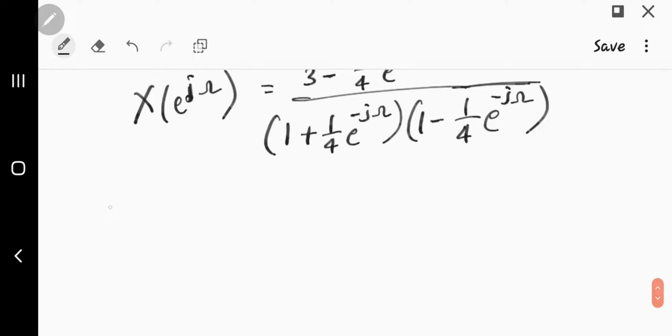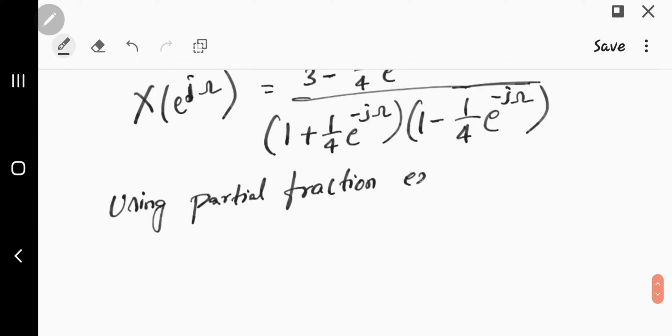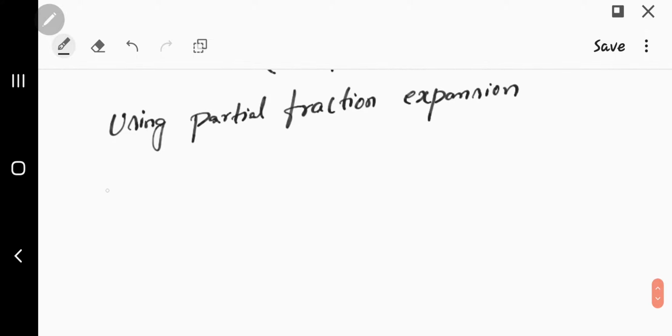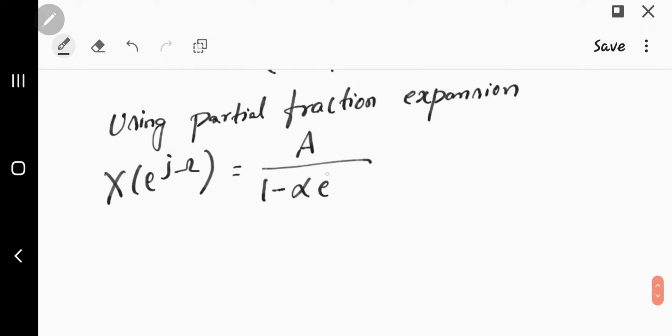Now using partial fraction expansion, before going to that, see, if you have something like x of e power j omega given as a divided by 1 minus alpha e to the power of minus j omega plus b divided by 1 minus alpha e to the power of minus j omega, like this.